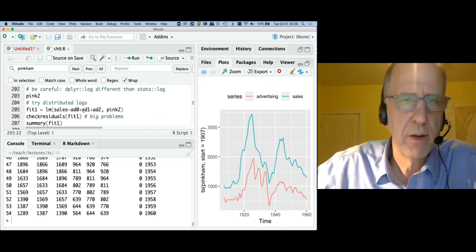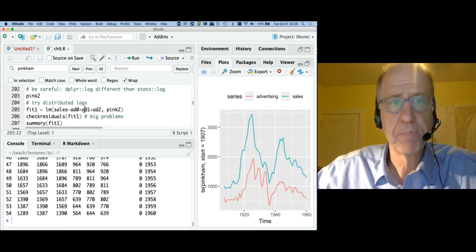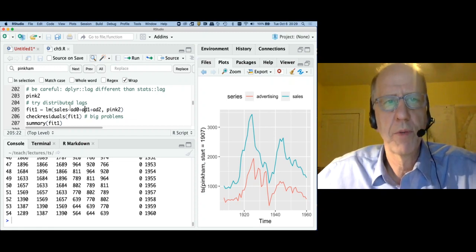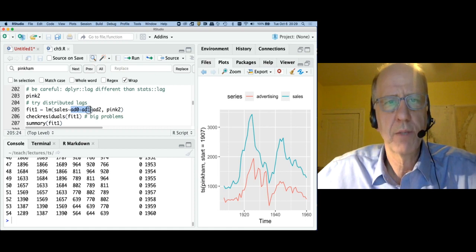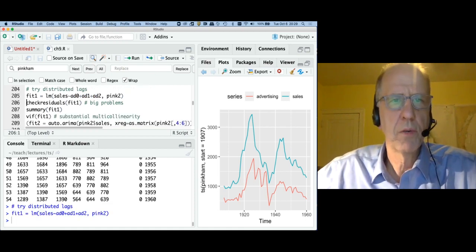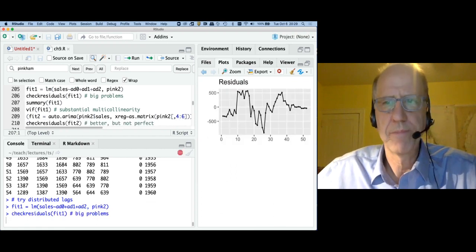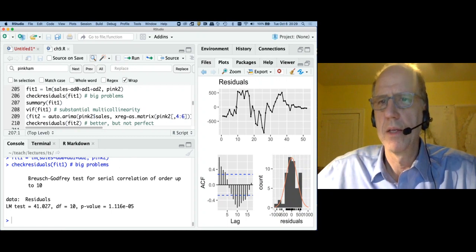Well, let's start out with just fitting a distributed lag model with OLS. So I'm going to regress my sales on advertising this month, last month, and the month before. Let's first start with our residuals. And so I'm not happy. The reason I'm not happy is the time plot is showing some definite patterns.